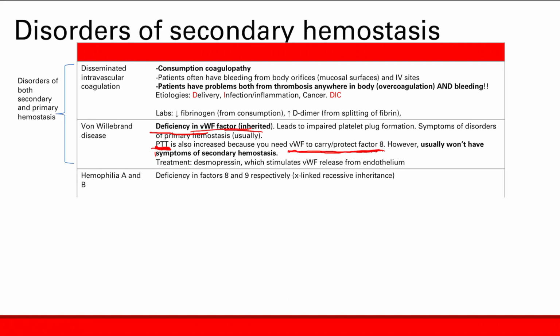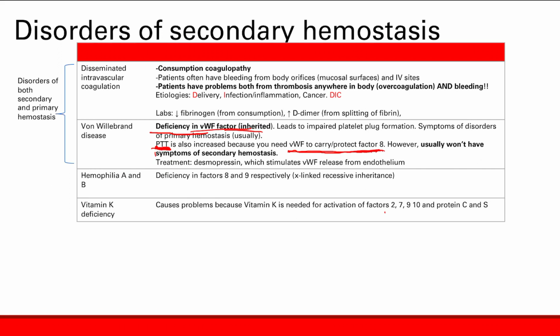This is super simple. It's deficiency in factor 8 and 9. Okay. Factor 8 and 9 deficiency, X-linked recessive inheritance. You get hemophilias. Okay. You get the impaired clotting ability. Vitamin K deficiency. What do we say for vitamin K deficiency? This is a review. I already talked about this. Remember, vitamin K is needed for activation of factors 2, 7, 9, and 10, as well as protein C and S. And 2, 7, 9, and 10 are coagulation factors.